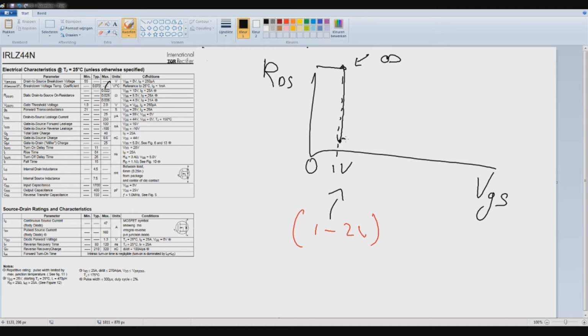So then we get a sort of linear decay, where it becomes more and more conductive. So yeah, you basically want to be in this region, and you must take a look at the data sheet for that.